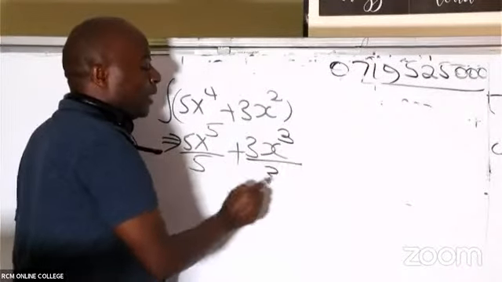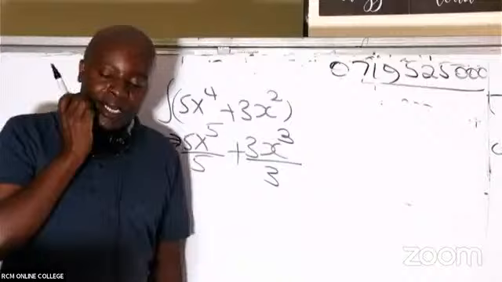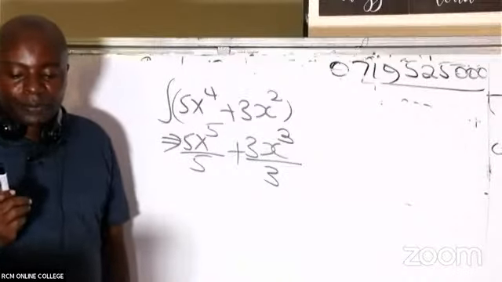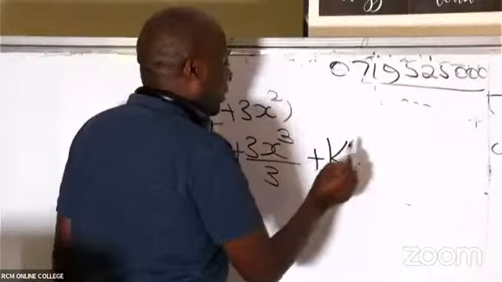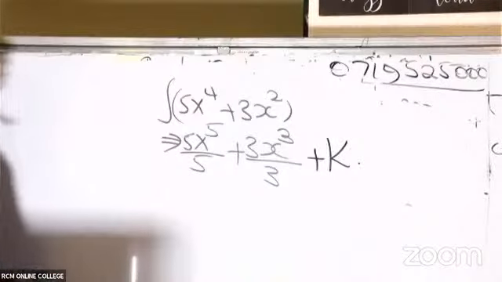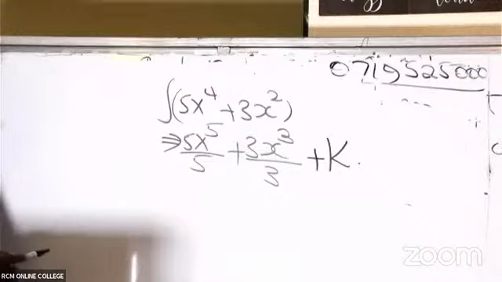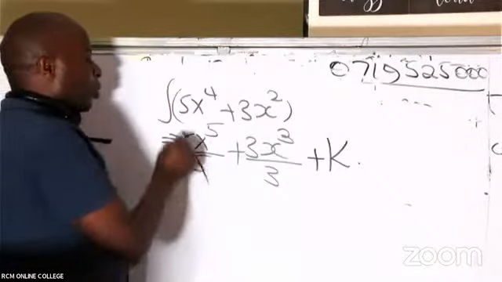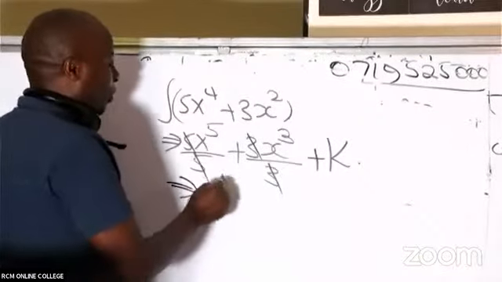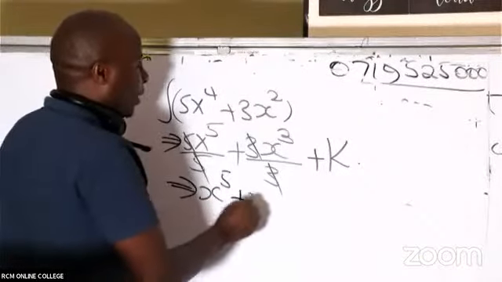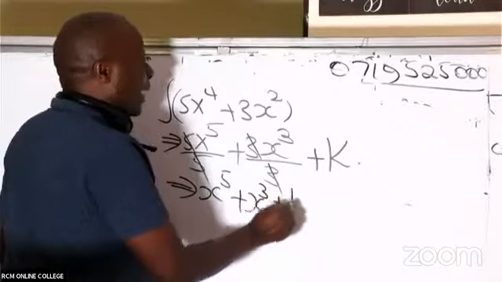Always you shall divide by the new power, plus the constant of integration. Then this will cancel with that, leaving me with a final function of x raised to 5 plus x raised to 3 plus K.